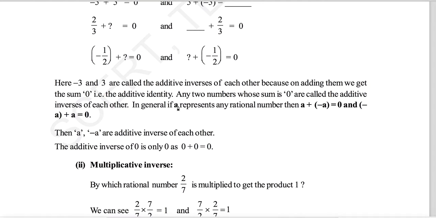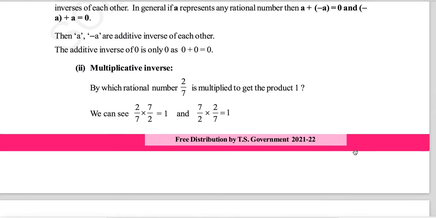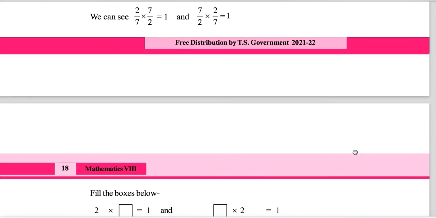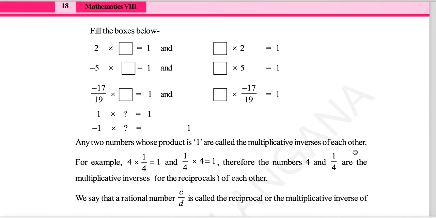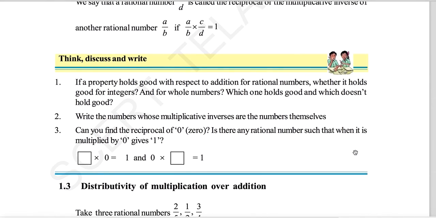So any two rational numbers whose sum is 0 are called additive inverses of each other. In general, if a represents any rational number, then a plus (minus a) equals 0, or minus a plus a equals 0, and a and minus a are additive inverses of each other. The additive inverse of 0 is only 0. What about multiplicative inverse? If you multiply any two rational numbers and the result is 1, then they are said to be multiplicative inverses of each other.